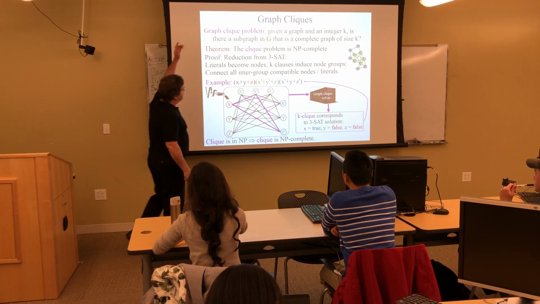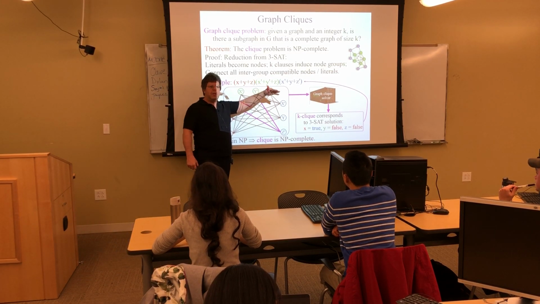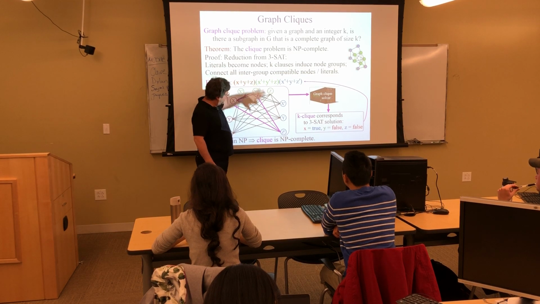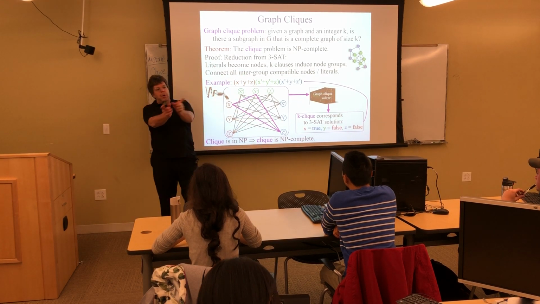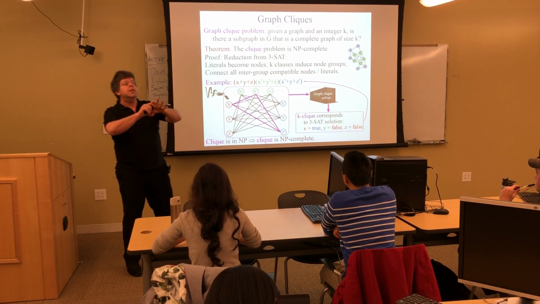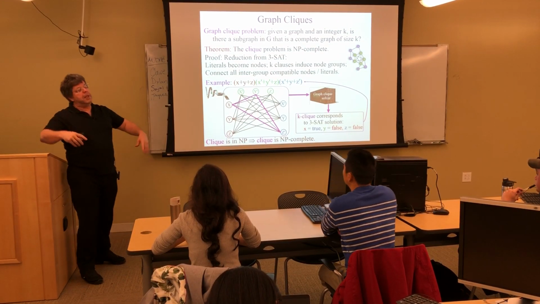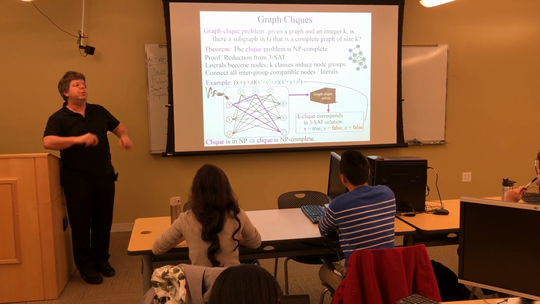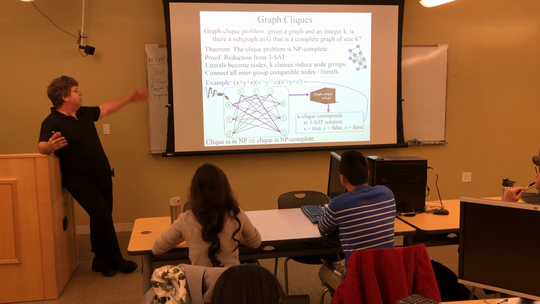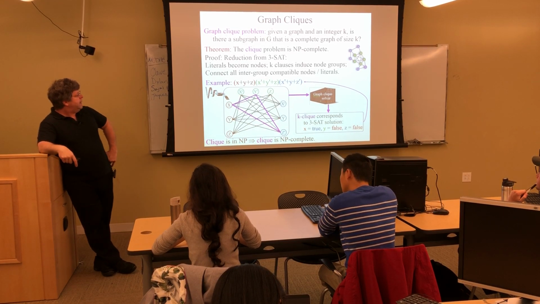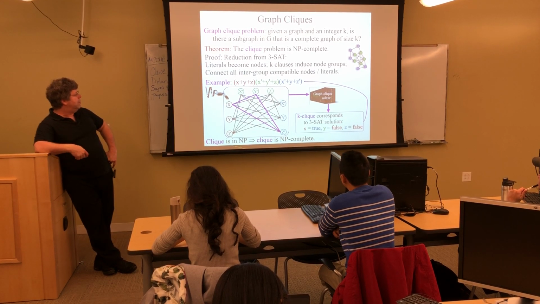Right? Because all of NP reduces to satisfiability via Cook's theorem, and now this reduces satisfiability to graph cliques. And so you compose these two reductions, and you get a bigger end-to-end reduction composed of two reductions. They're both polynomial time reductions, so the whole reduction end-to-end is polynomial, which means all of NP reduces to graph cliques.